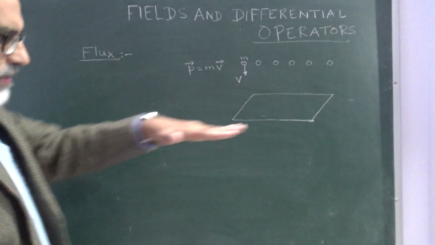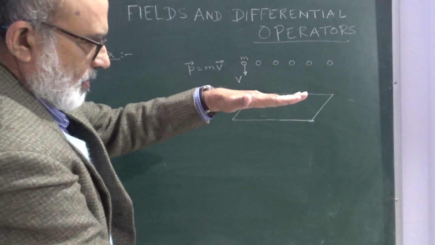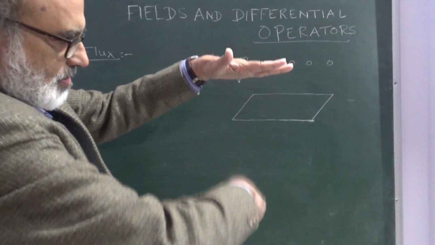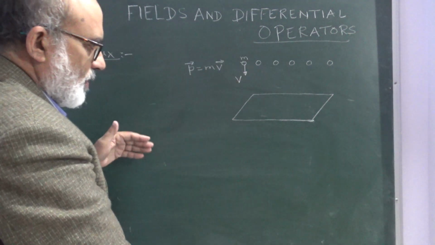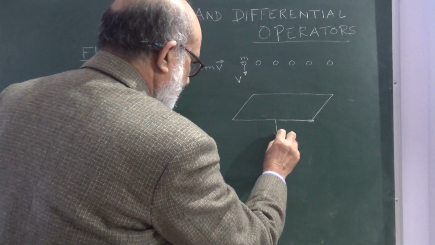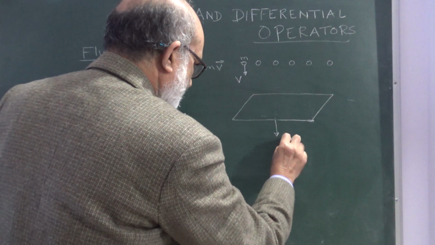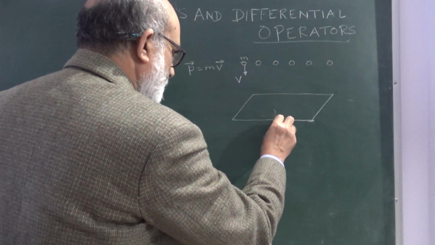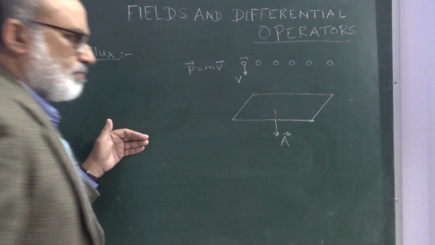So if you have a plate here, then this will be the area of the plate. Direction of area. If the area is a vector quantity, it has a certain direction, and the direction is perpendicular to the surface.